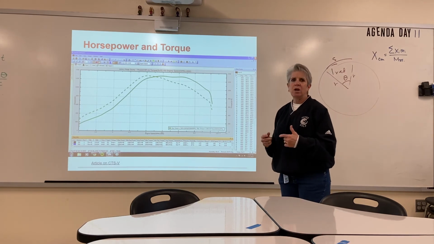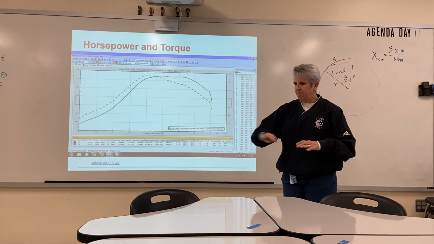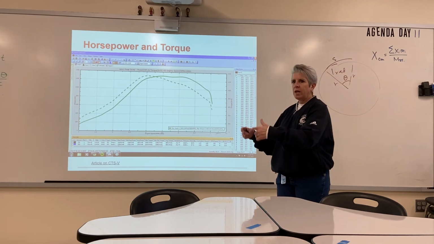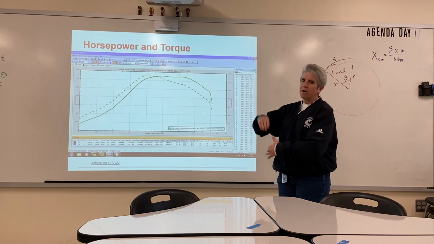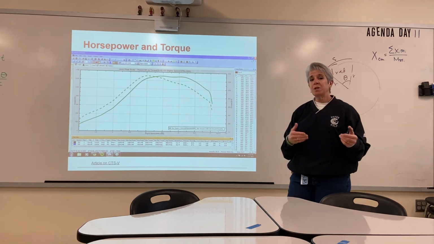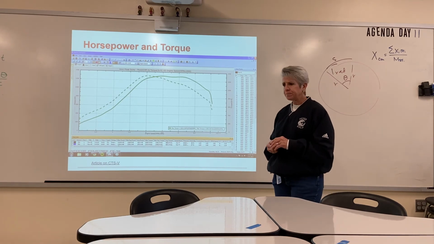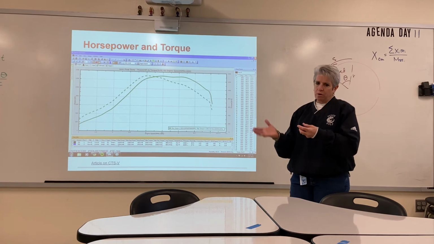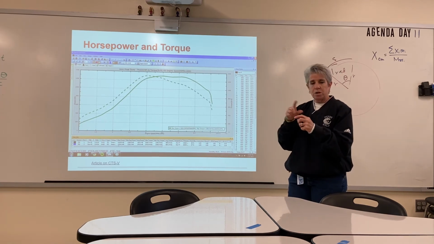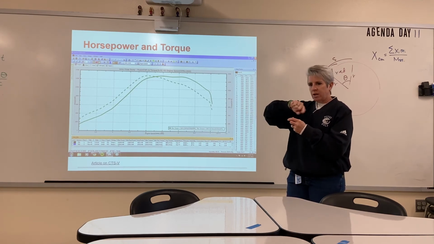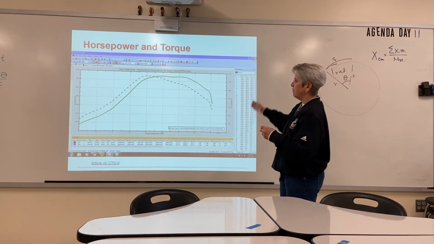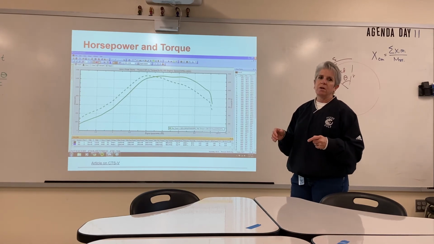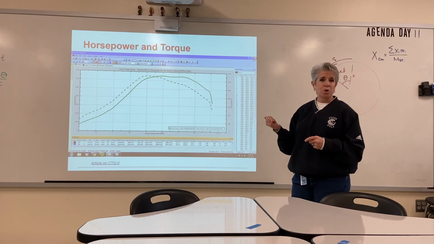Now, to dyno a car means you put it on a bed that has these rollers on it so that the car doesn't go anywhere, and we can engage the drive shaft and the wheels can spin and we can rev up that engine and get that highest rate. You're going to be doing the same thing to your mousetrap car on our rotational motion sensors in the lab. You're going to take your mousetrap car and load it up and set your wheel on this little rotational wheel and allow the lever to pull a tire and spin it, and you're going to get a graph of angular velocity and time, and we'll look at your acceleration, and we know that we can use, we just said, power is torque times omega.